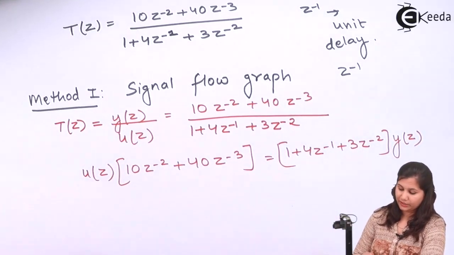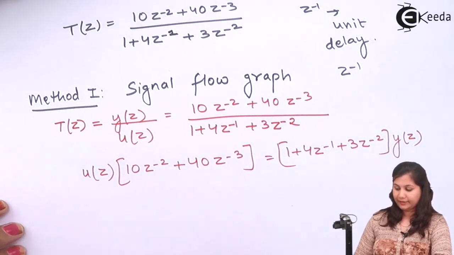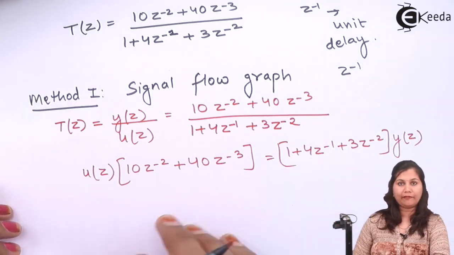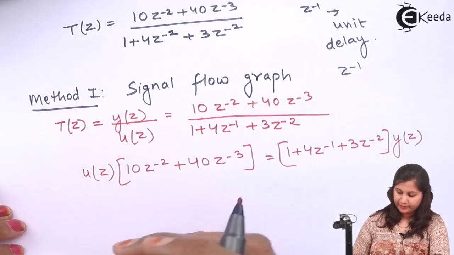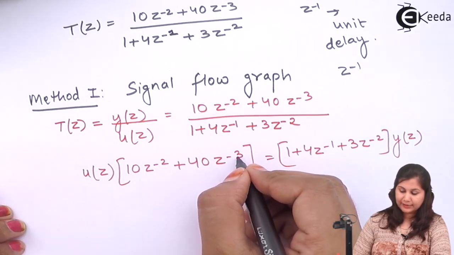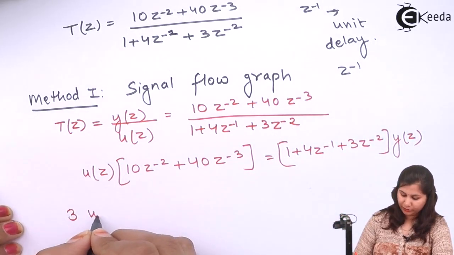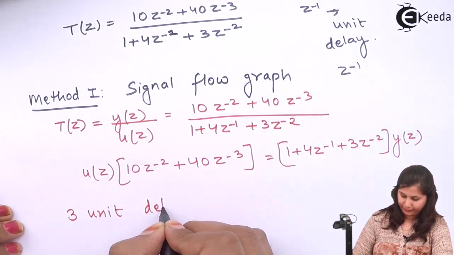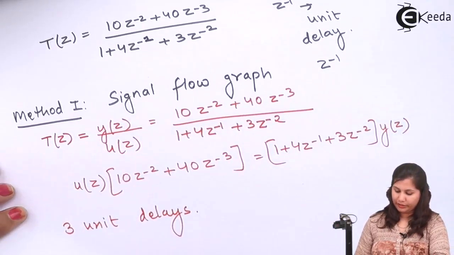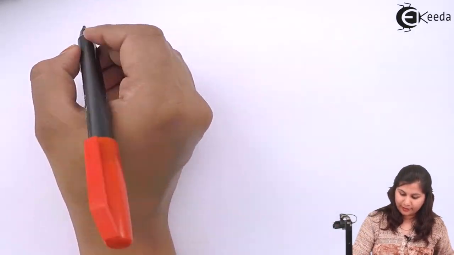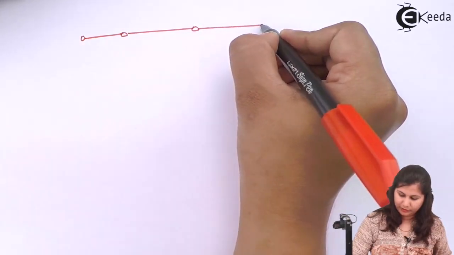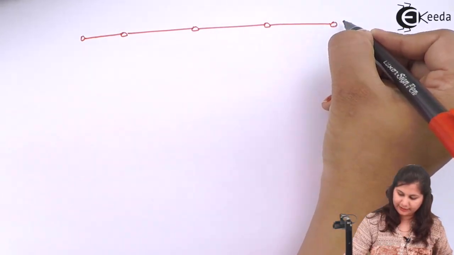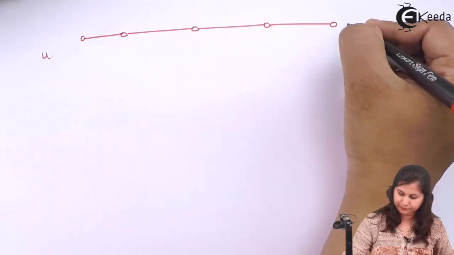Now through this we can get an idea that how many delays we have to introduce in the signal flow graph. Here we have the highest power of Z as minus 3. So there will be 3 unit delays. So let's draw this. It is our input and then we will have 3 unit delays and this is our output.